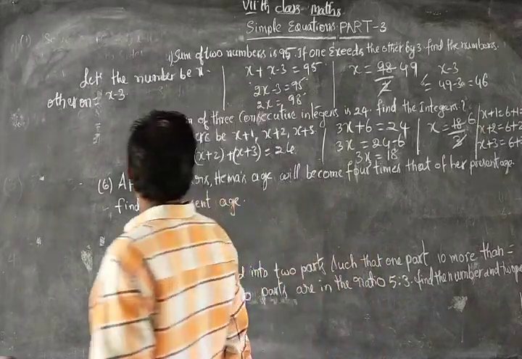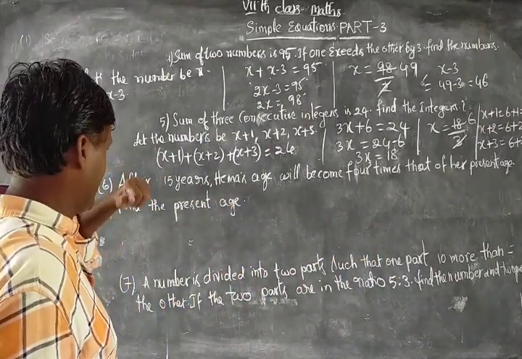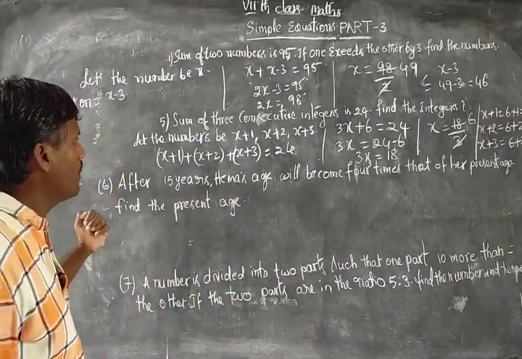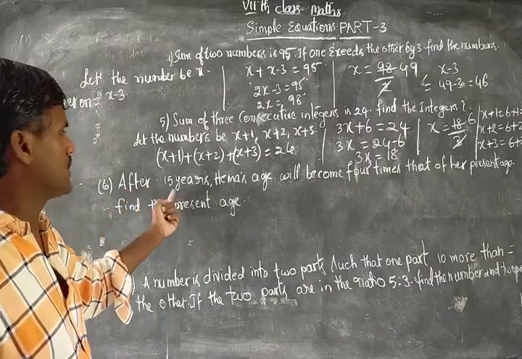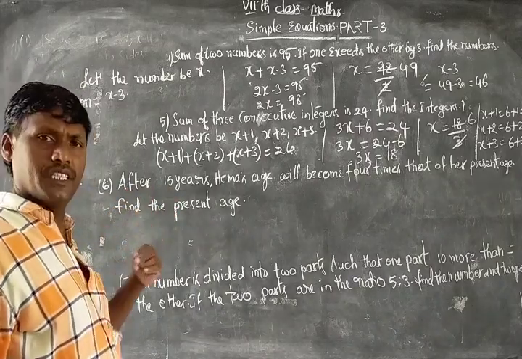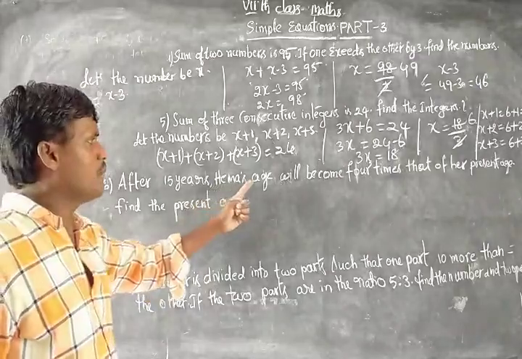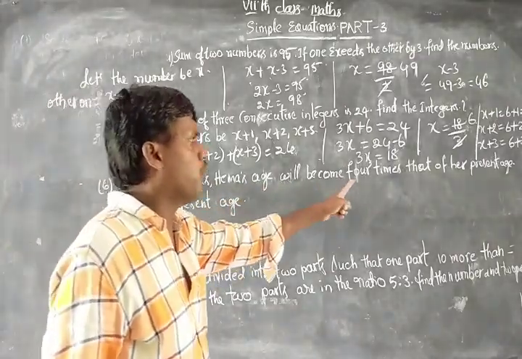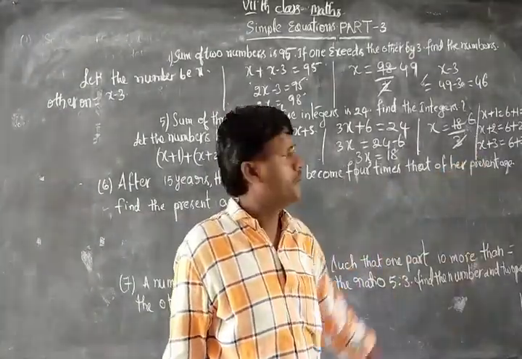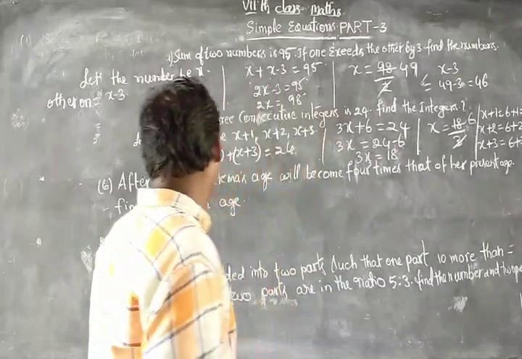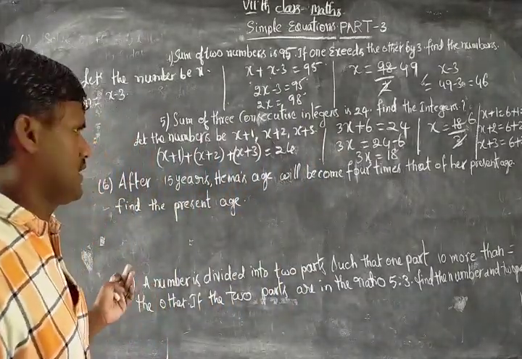Next one. After 15 years, which means 15 years later, Hannah's age will become 4 times that of her present age. Find the present age.